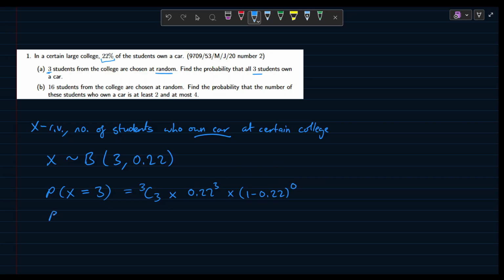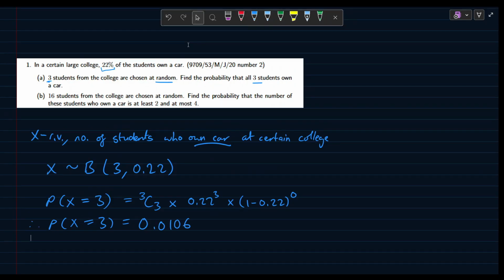So this means the probability that x is equal to 3 is equal to, punch this into the calculator, 3 choose 3 times 0.22 cubed, and that gives us 0.0106, and that's our final answer for part A. Let's look at part B.